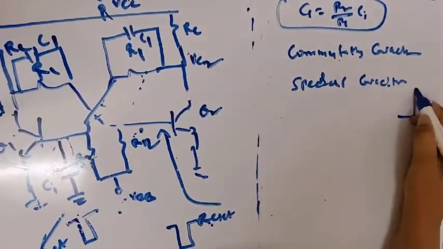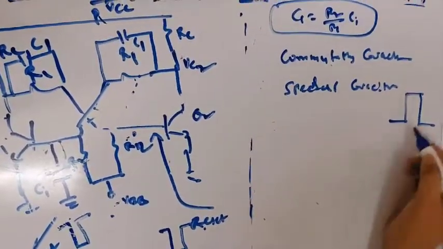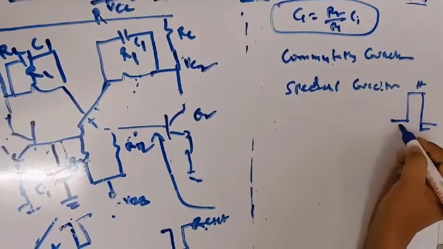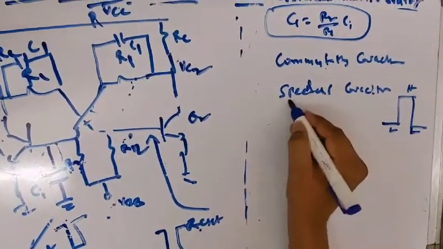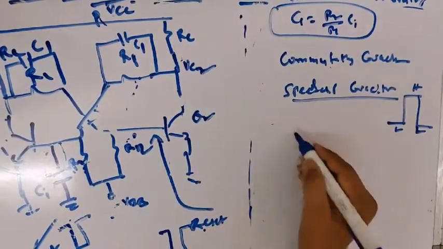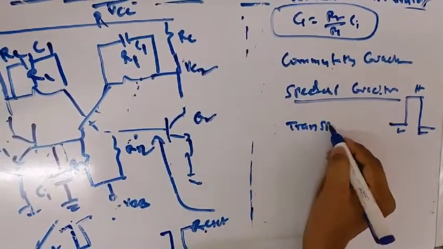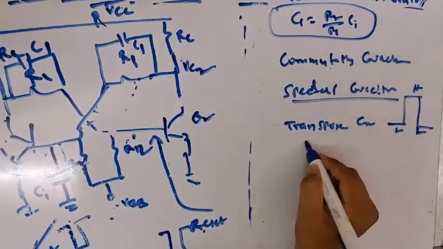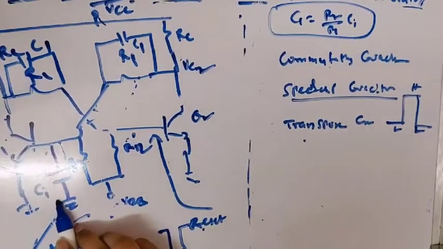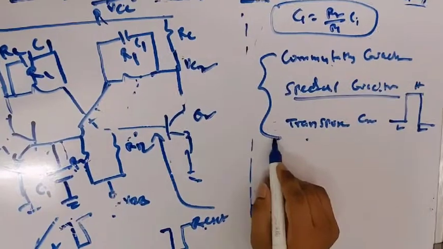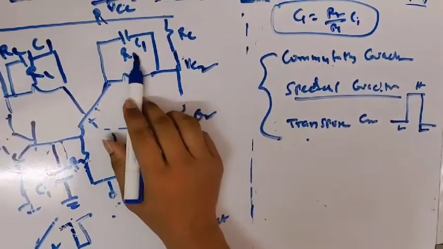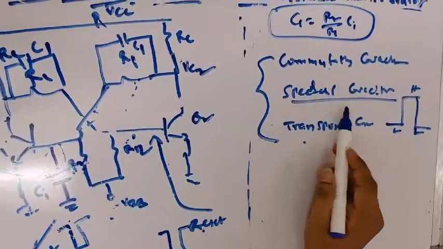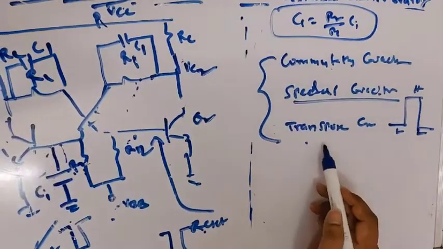From low level to high level and from high level to low level, the transition becomes instantaneous. That's why they are called speed up capacitors. These are also called transpose capacitors, because they produce the reverse effect of stray capacitances. So the names for these shunting capacitors are commutating capacitors, speed up capacitors, or transpose capacitors.